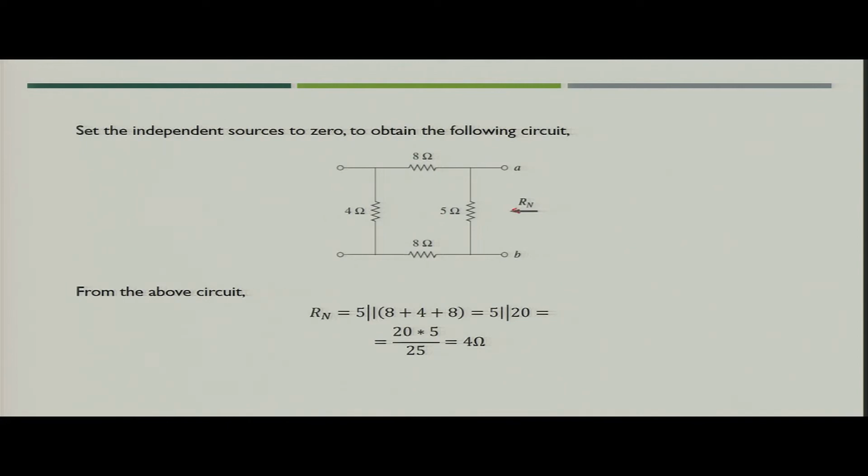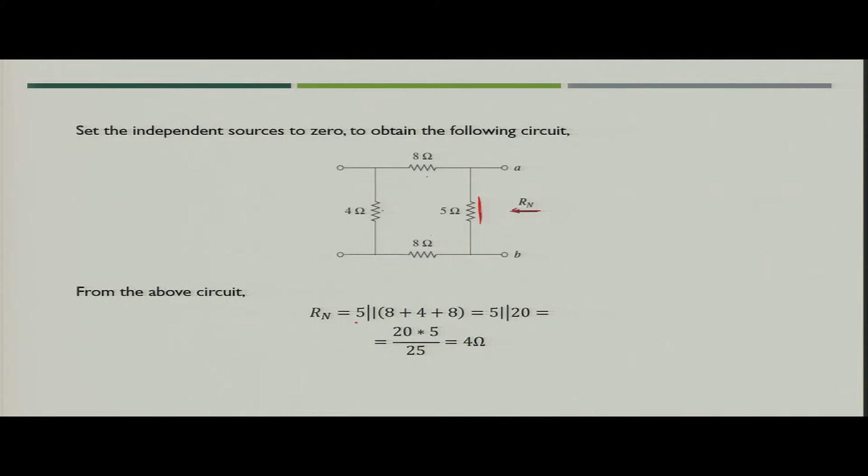When you see resistance, that is input resistance across terminal A B, that would be nothing but the Norton's resistance, or you can say Thevenin resistance. What would be the value? If you see the circuit, you will come to know that this 5 ohm is in parallel with the series combination of these 3.